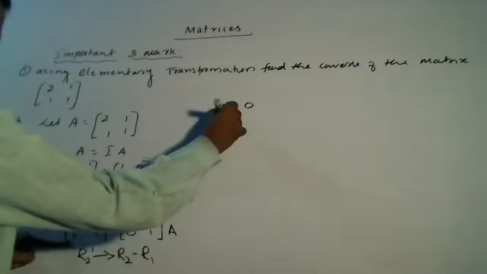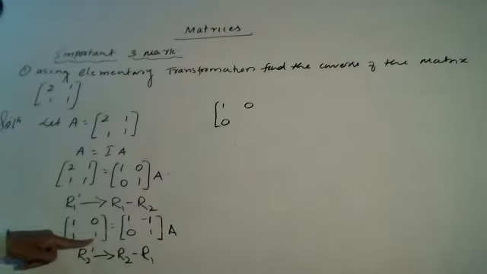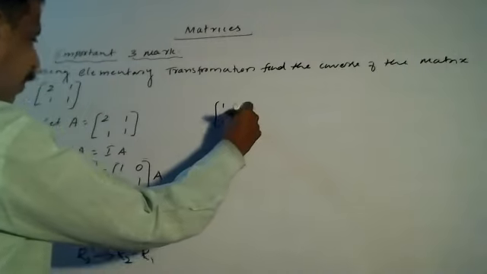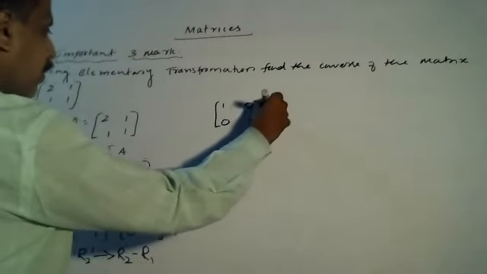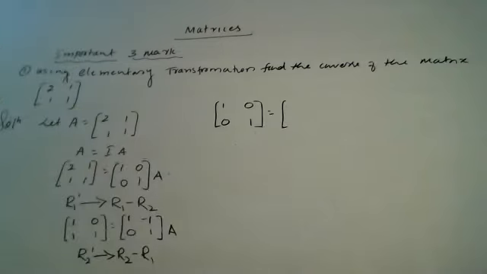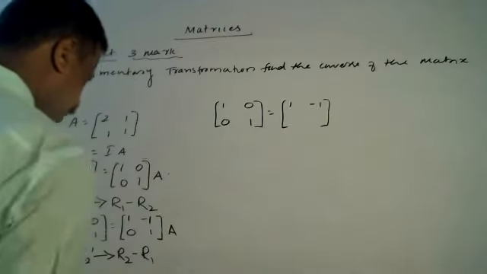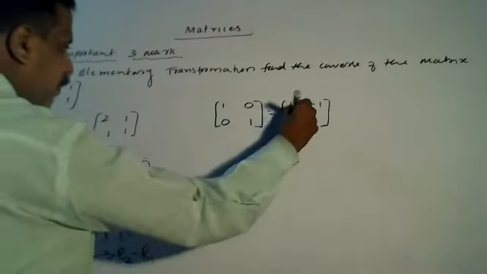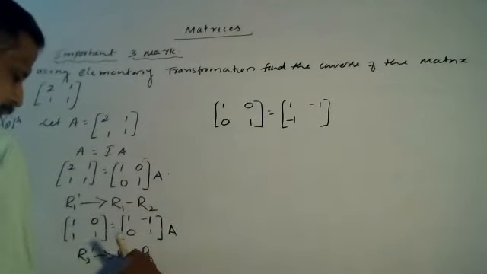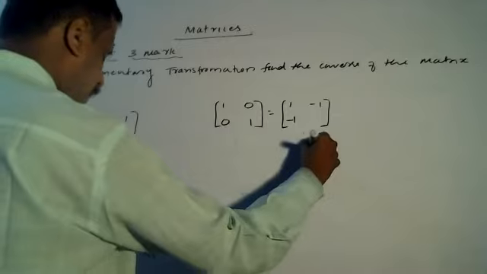R2: 1 minus 1 is 0, and 1 minus 0 is 1. Next, R1 stays as it is: 1, -1. R2: 0 minus 1 is -1, and 1 minus of -1 gives 2.